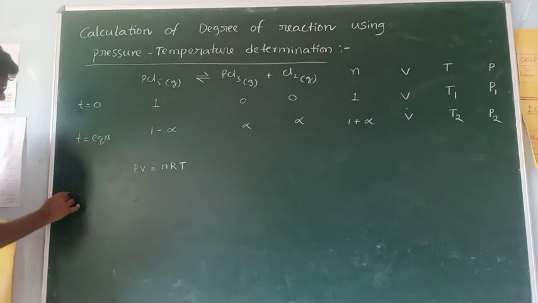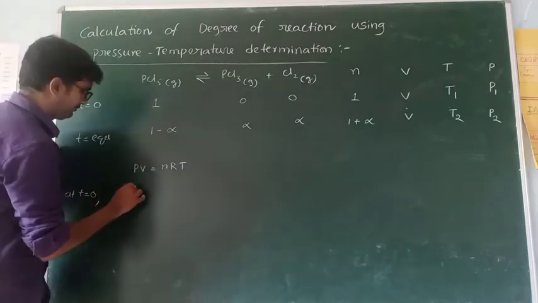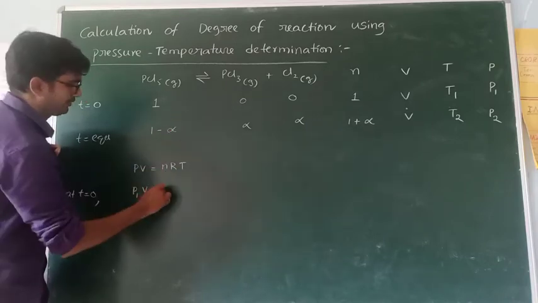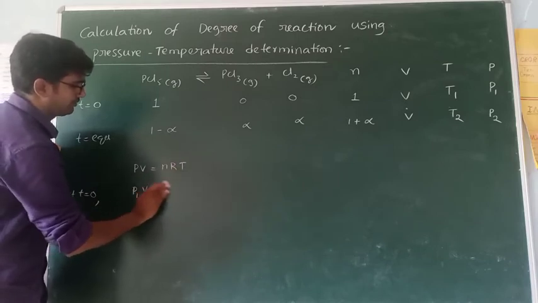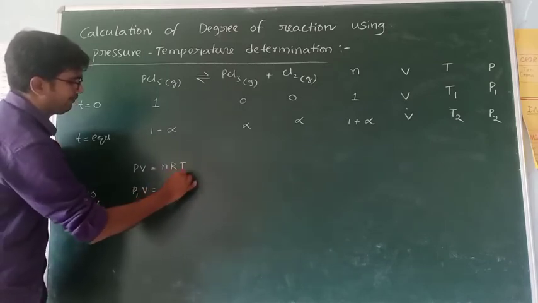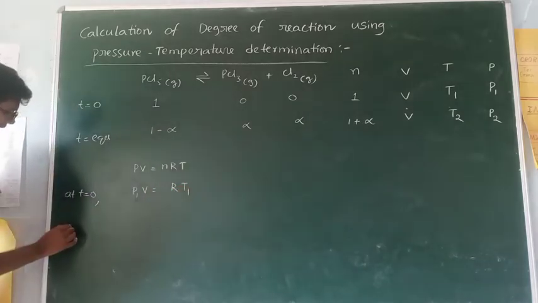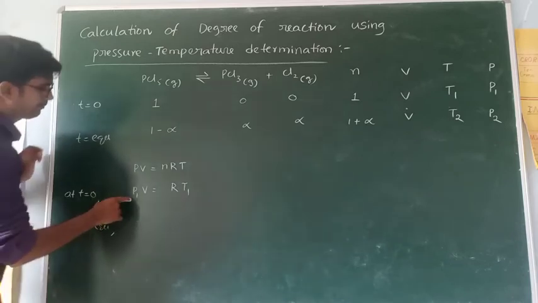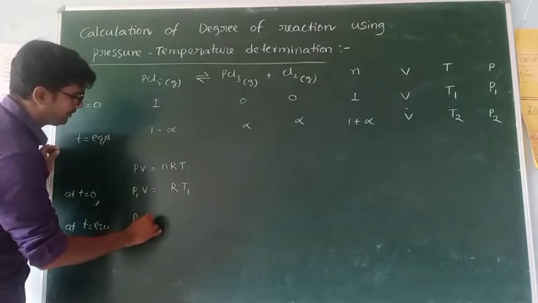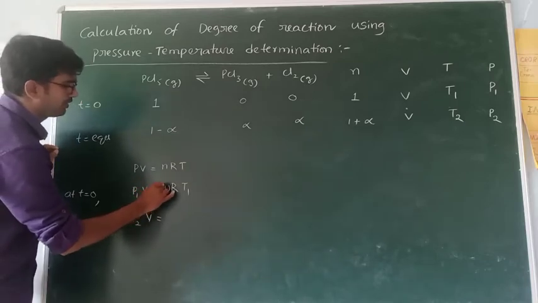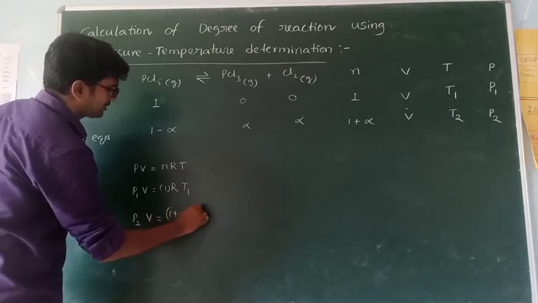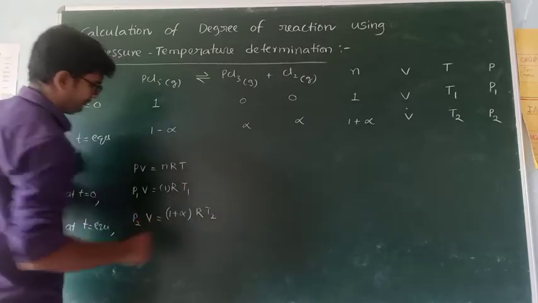At initial time, t equal to 0, pressure is P1, volume is V, number of moles is 1, R is constant, temperature is T1. At equilibrium, pressure is P2, volume is V, number of moles is 1 plus alpha, R is constant, temperature is T2.